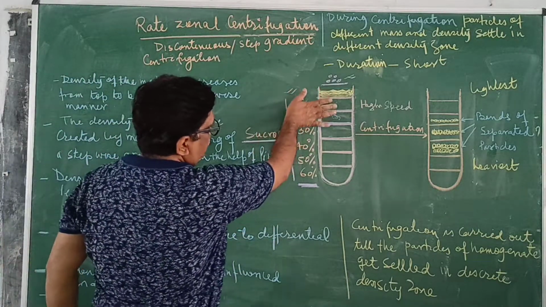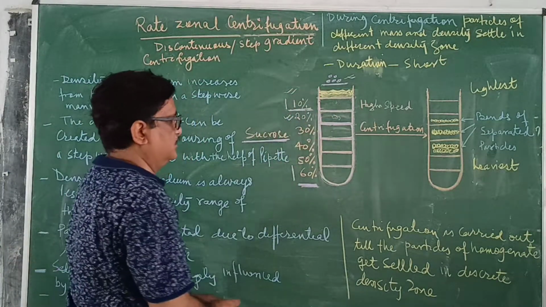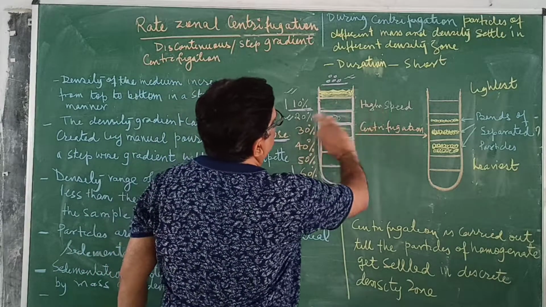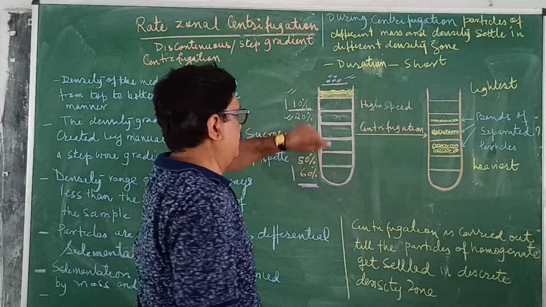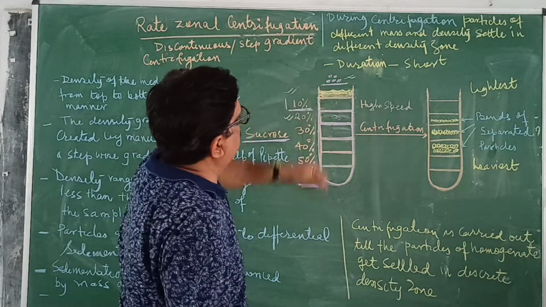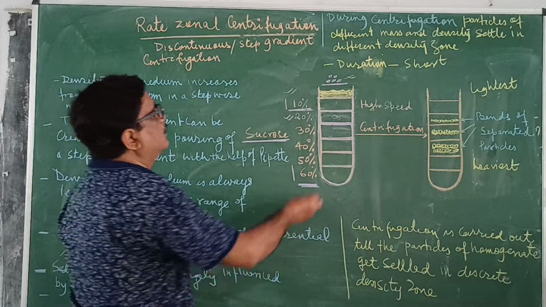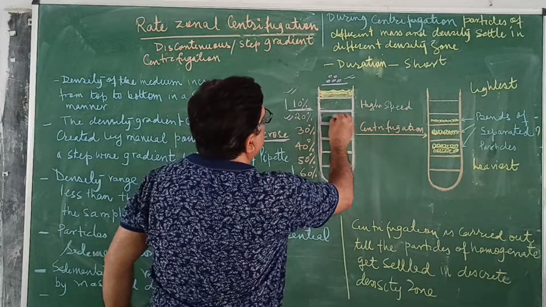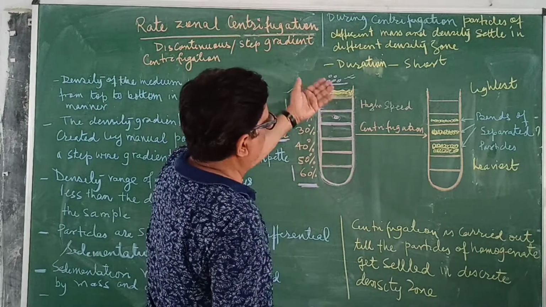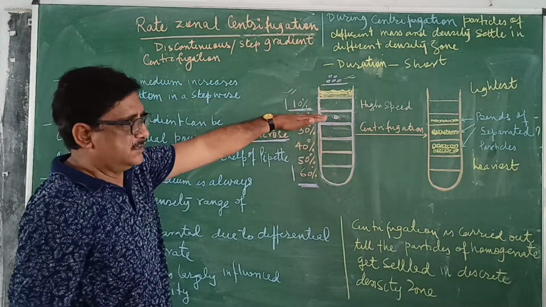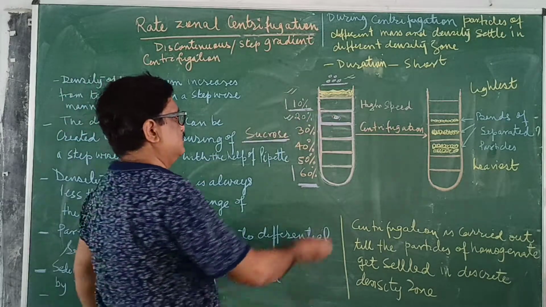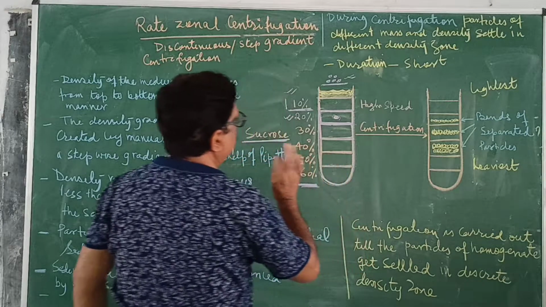So that at any moment, when the particle moves down the centrifuge tube, the particle never reaches its isopycnic point, and all the particles always remain in a density zone which is less than the particle's own density. This is the basic idea.